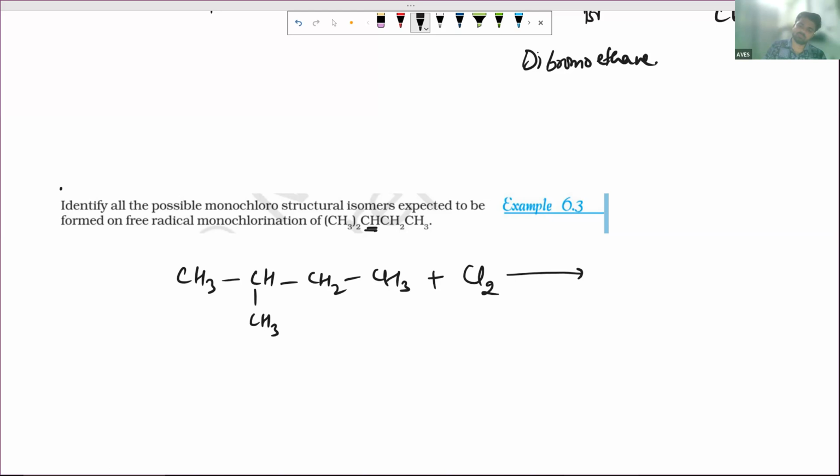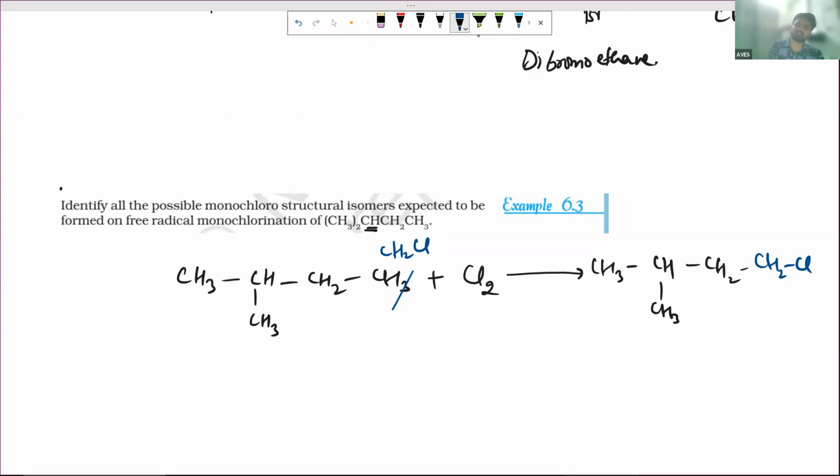Then what type of compound do you think is going to form? So free radical mechanism means the chlorine can be attached to any carbon. One, you will get CH3, CH3, then CH, then CH2, CH2Cl. Here one hydrogen will be removed, and this will become CH2Cl.